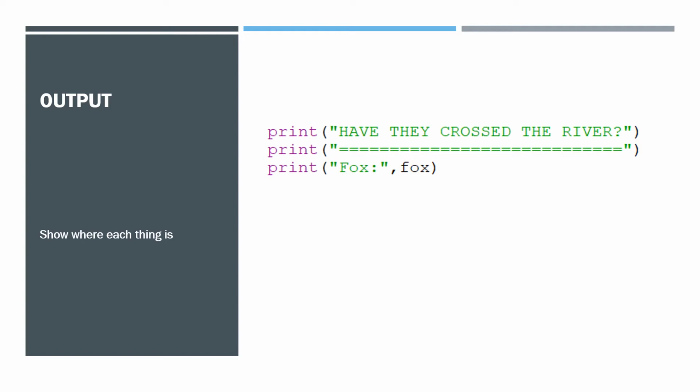I've got the word fox, and then I've got the variable fox. Remember, that's a Boolean variable that just says true or false. You might be tempted to just write the word false, but that won't work. You need to use the variable because it's going to change as the game progresses. So the word fox and the variable fox.